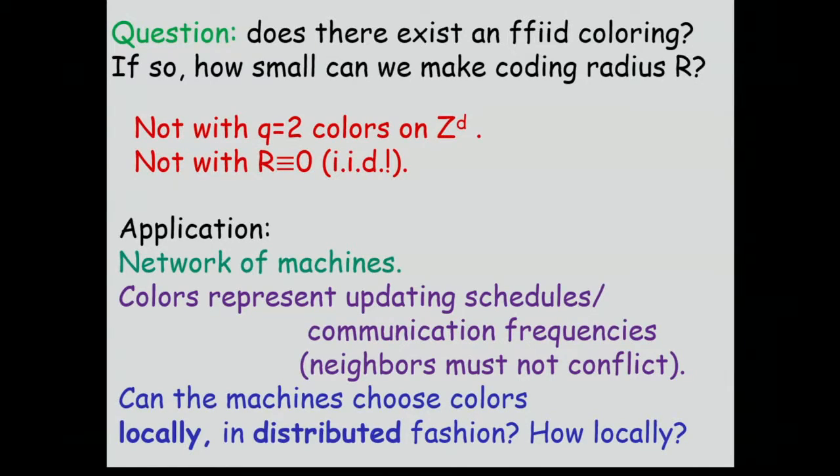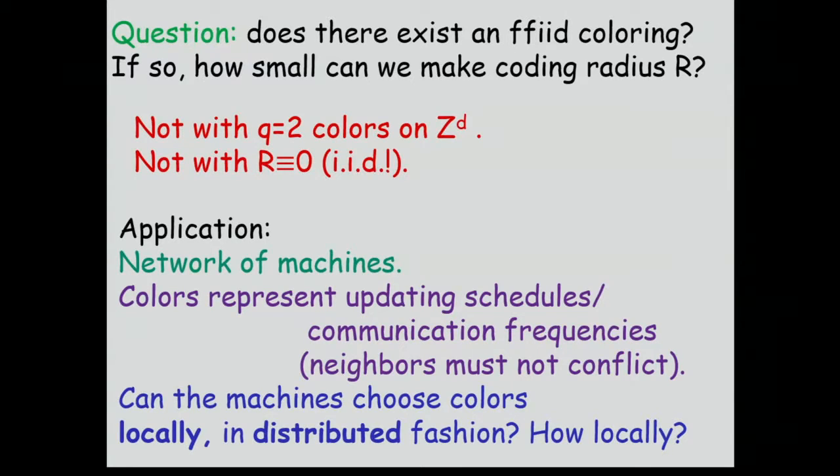And I won't dwell on this, but this is very closely related to applications in distributed computing. So you should imagine that you have a network of machines, computers, and distributed computing is all about using networks of machines to solve actual computational problems, global problems, without any central authority somehow.